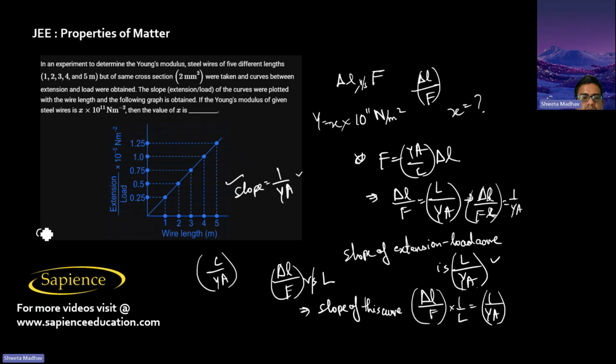So therefore here the slope that will be equal to, we can take this point which is 5 meter comma 1.25 into 10 power minus 5 per Newton, meters per meter square.